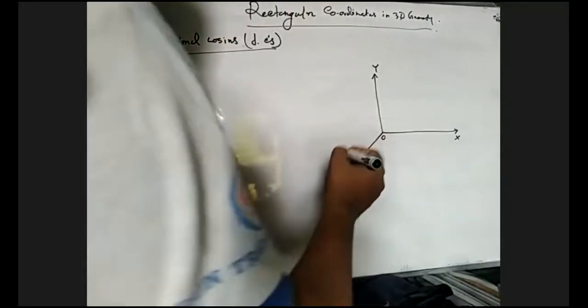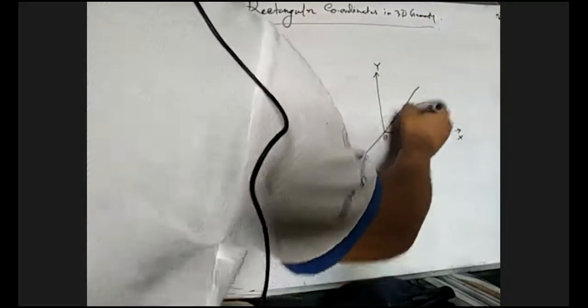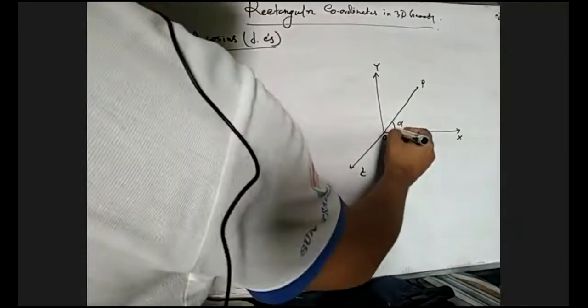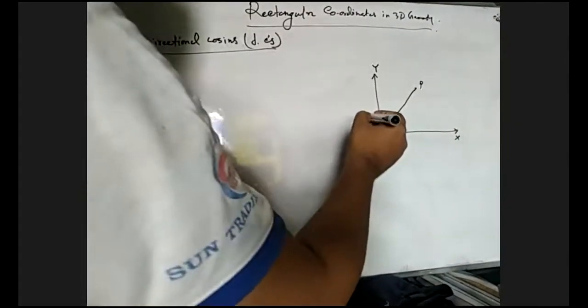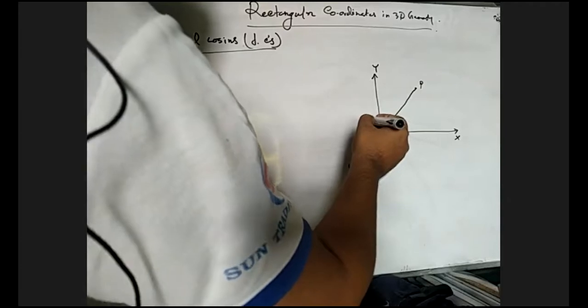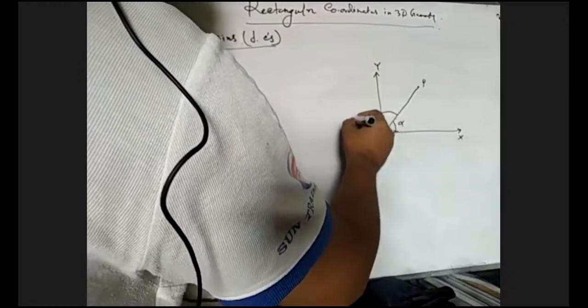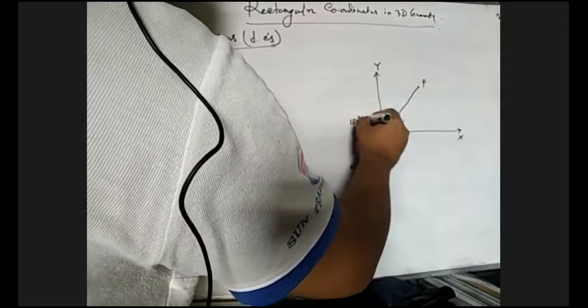Suppose I am taking any point P, and the line OP makes an angle alpha with the X axis.